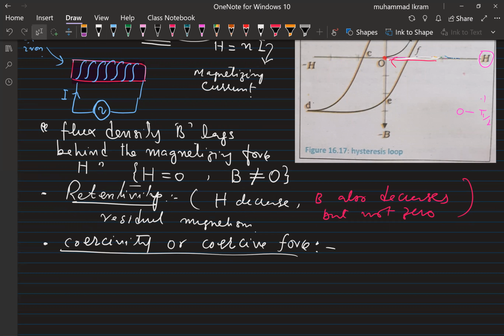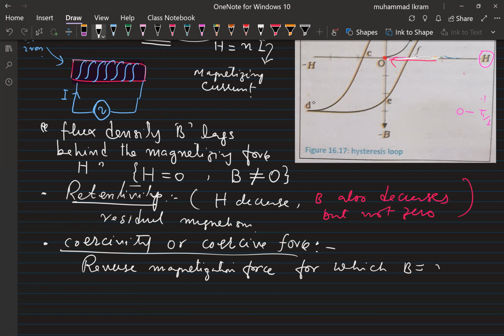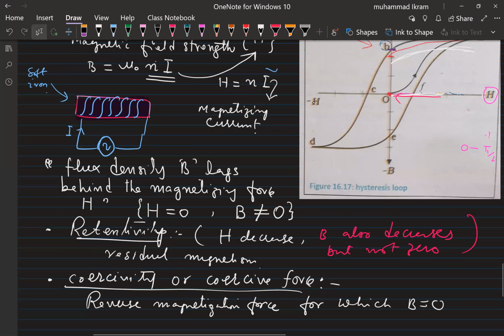It is the reverse magnetic field, the reverse magnetization force, for which B is equal to zero. Or you may say the reverse current for which B is equal to zero is known as coercive force. And this causes the disorientation of the magnetic domains here.